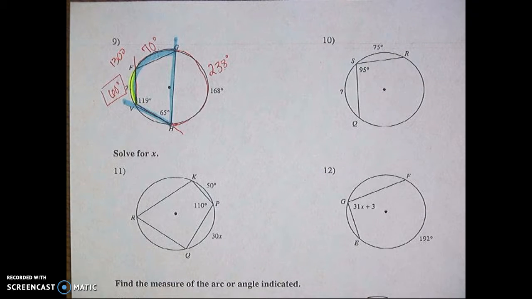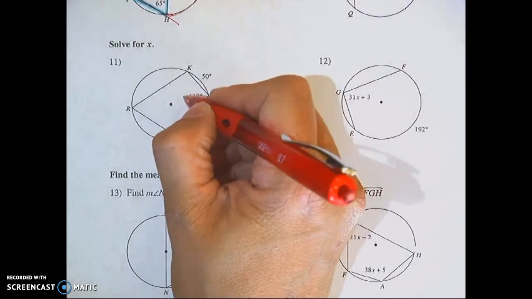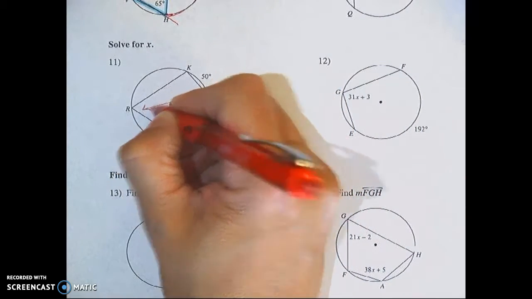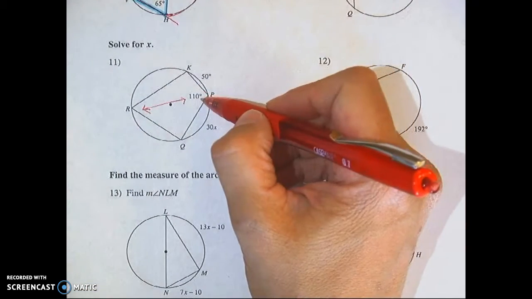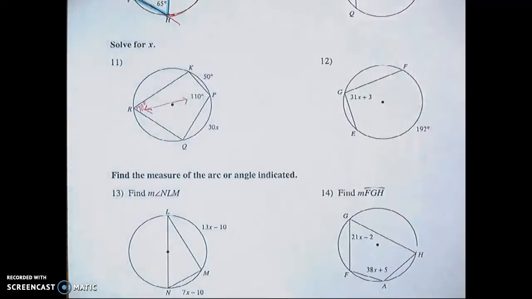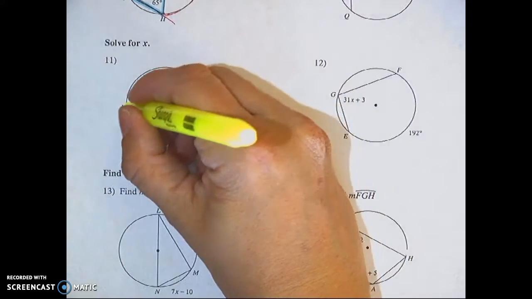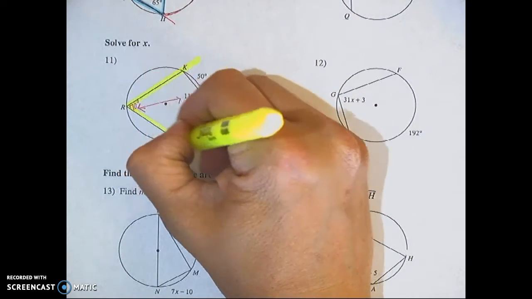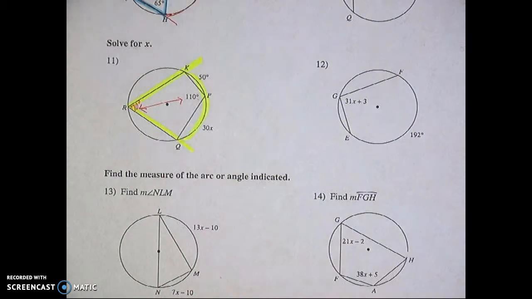Another one that I wanted to look at is number 11. If you remember that with our inscribed polygons, the opposite angles are supplementary. So if this one is 110, the other one is 180 minus 110, which will give you 70. And then if I look at the arc that this intercepts, it intercepts this arc right here, which are the two pieces, 50 and 30x.